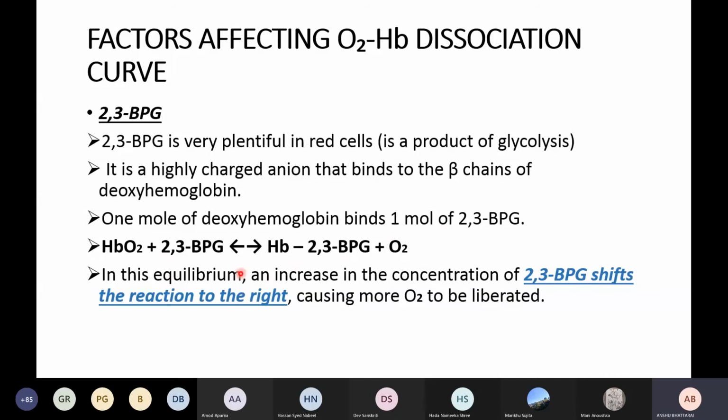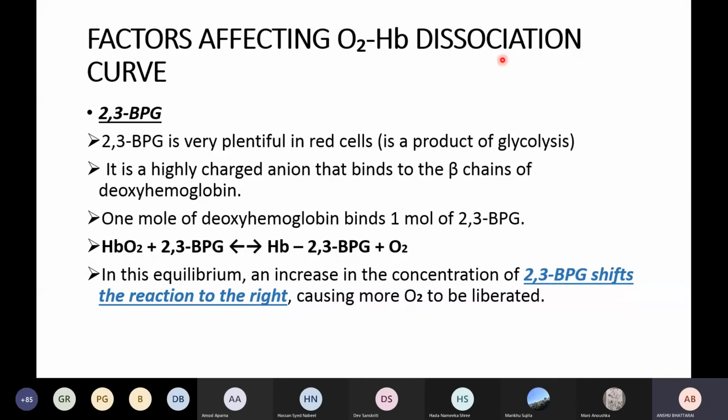The reaction looks something like this. HbO2 plus 2,3-BPG: it displaces oxygen and binds to hemoglobin. Since it displaces oxygen from hemoglobin, there is a rightward shift of the oxygen hemoglobin dissociation curve. Why?